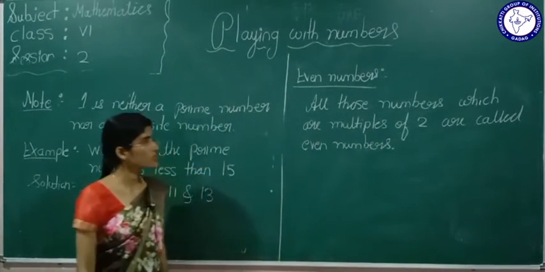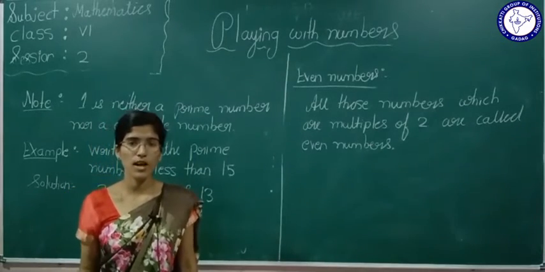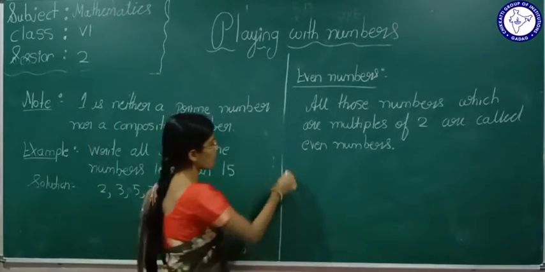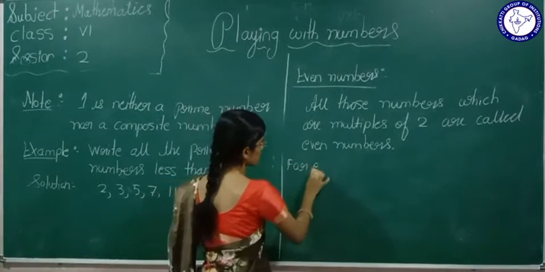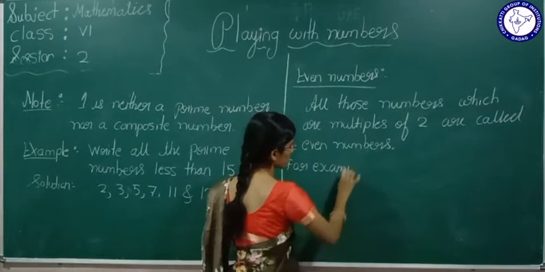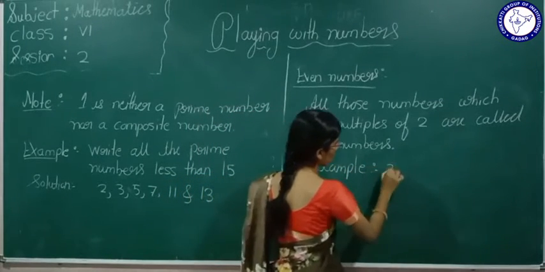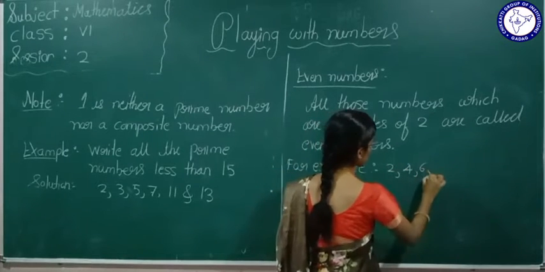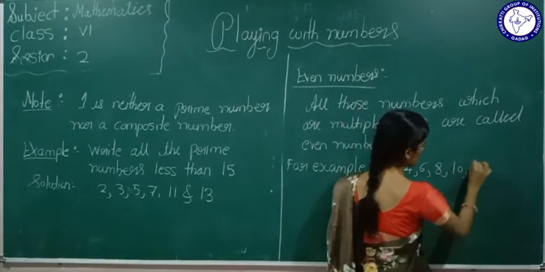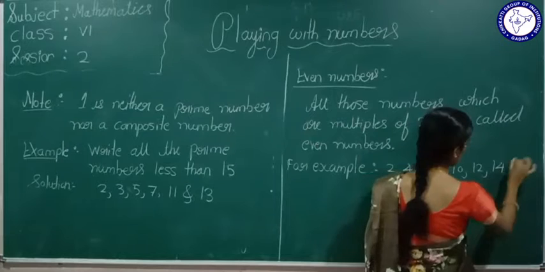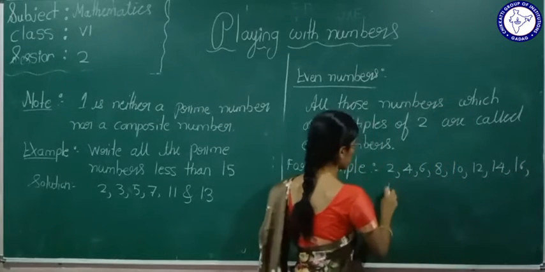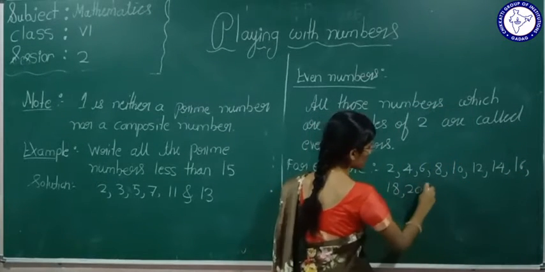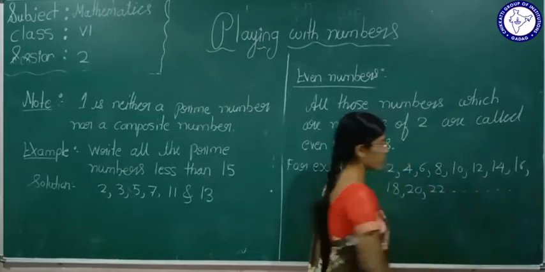Say for example, 2, 4, 6, 8, 10, 12, 14, 16, 18, 20, 22, and so on.